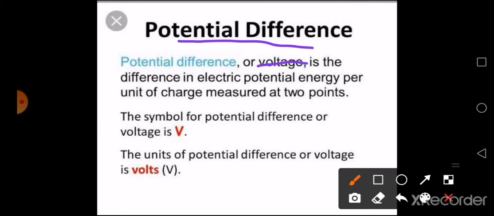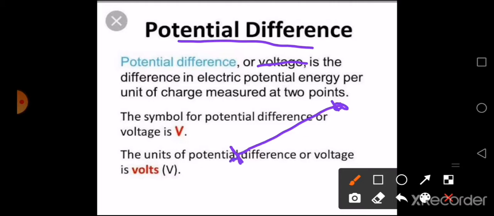Potential difference or voltage is the difference in electric potential energy per unit charge measured at 2 points, or in short, you can define potential difference as the work done in bringing a positive charge from one point to another. Okay, so you can define potential difference as the work done in bringing a unit charge from a particular point to another.